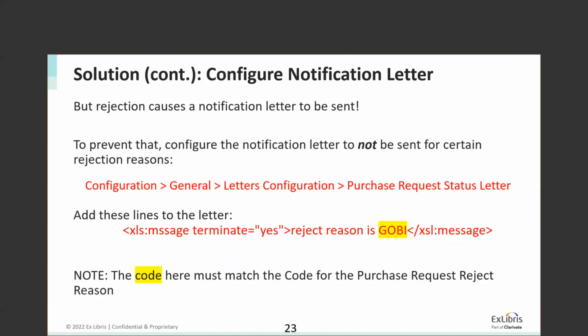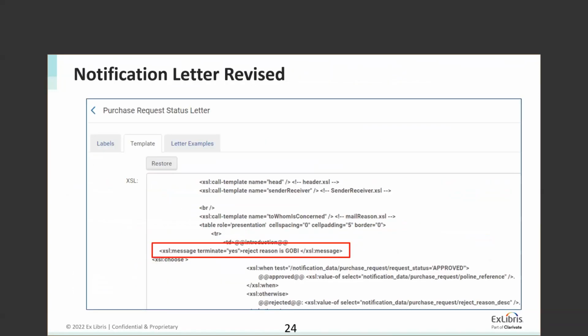So you can also set up the purchase request status letter. I'm not going to go through this in detail if this is making your eyes blur. These are slides that you can access after the fact, but you can set it up so that under certain conditions, the letter just won't be sent. And that's what this slide and this one talk through doing. So you can say, if we have the reject reason of Gobi, or whatever the code was for your reject reason, you don't want to send this letter.